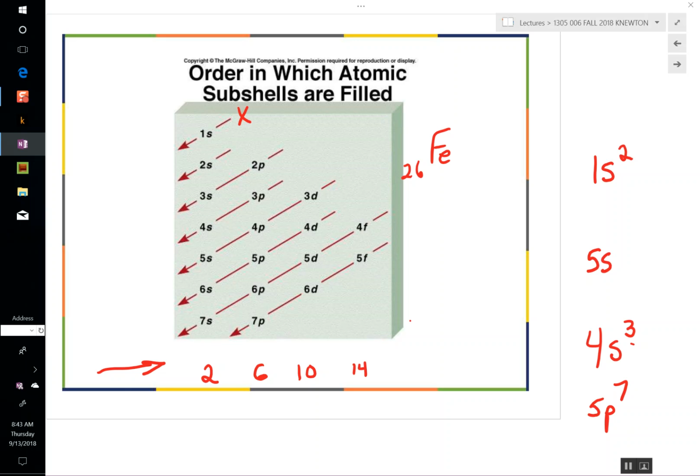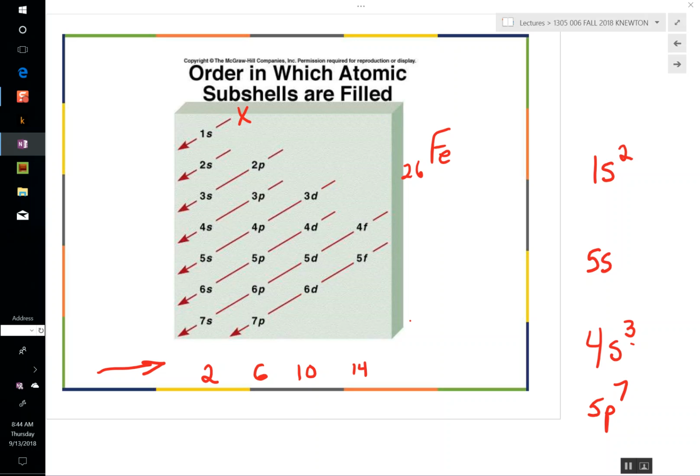That's the basis for the octet rule: for other elements, you can predict their chemical behavior by seeing what they must do to acquire this configuration.